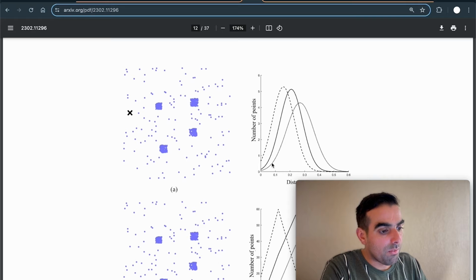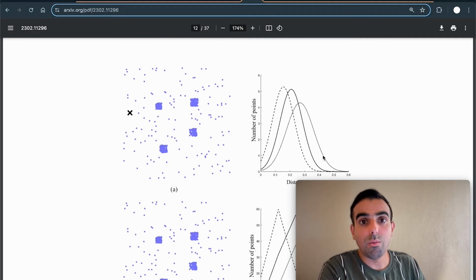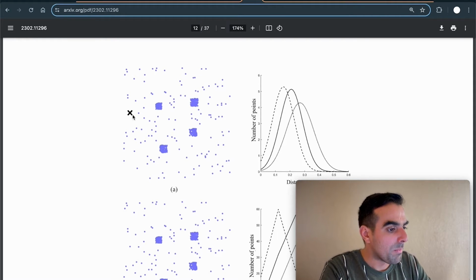But if this distribution becomes flatter, then we are leaving our neighborhood into a new neighborhood. So for example, for this point, when it starts connecting to these points around it, it has a similar distribution to the baseline distribution, which is with 7 neighbors.